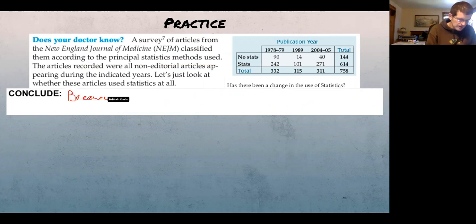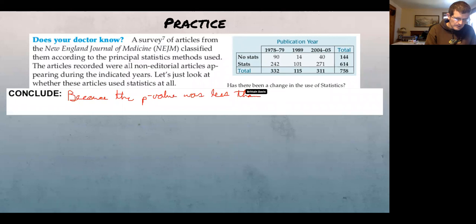Because the p-value was less than the significance level. And here's where I can put in the numbers. I don't remember exactly, was it 3.24?